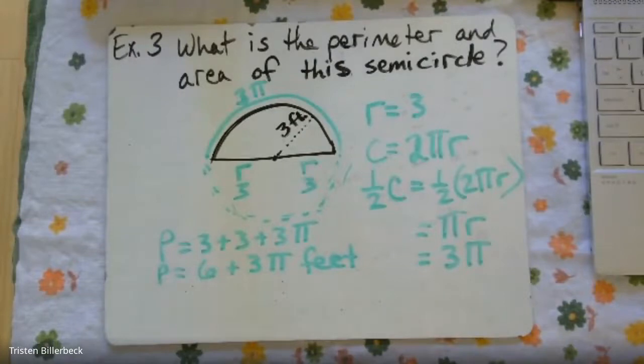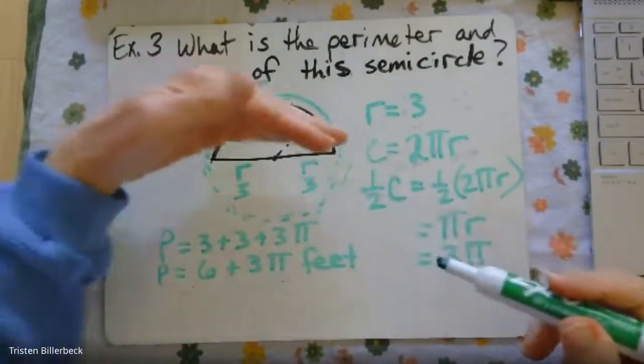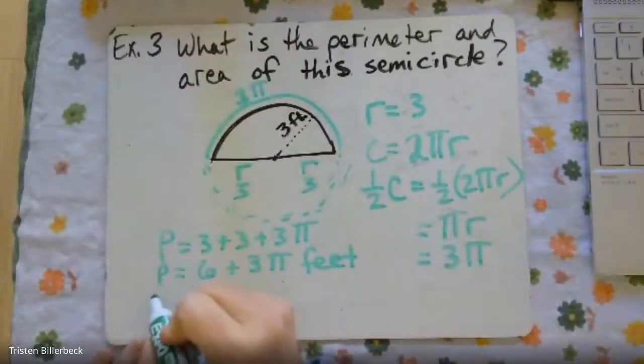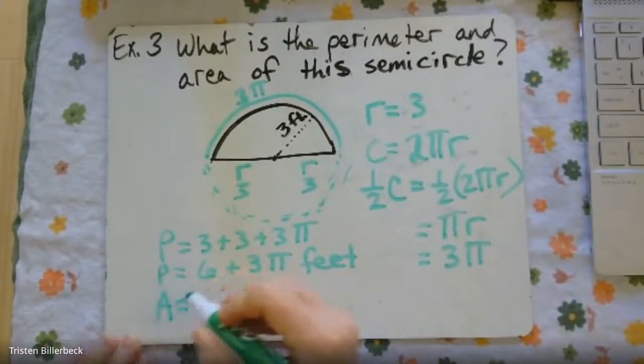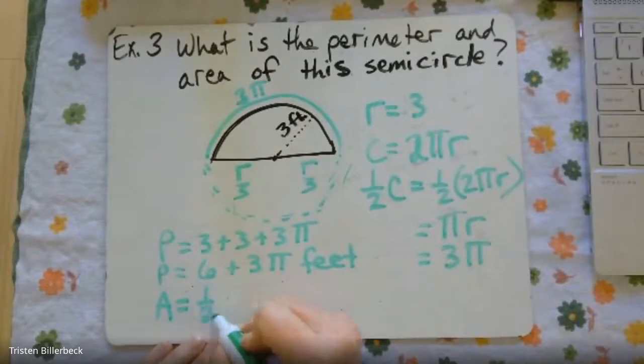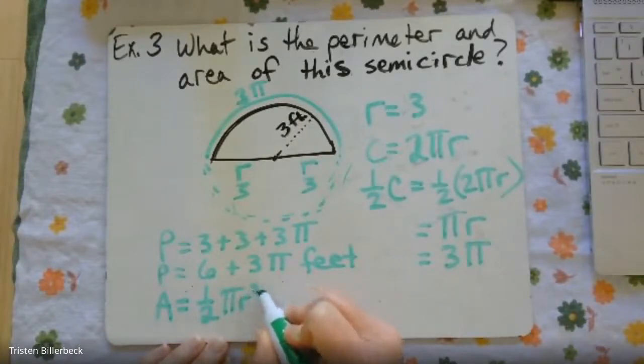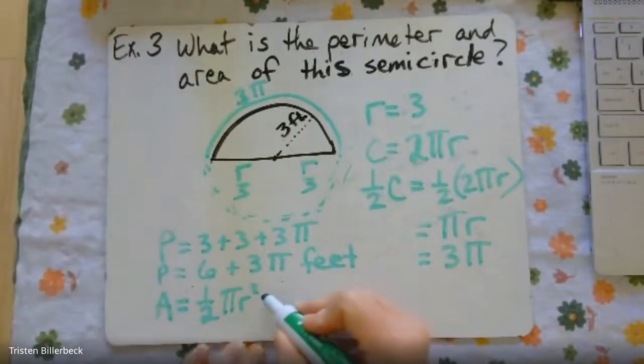Interesting, huh? Well, the area, we're only looking at half a circle. So the area is going to be half the traditional area. So we're going to just take half of pi r squared, because it's a semicircle.